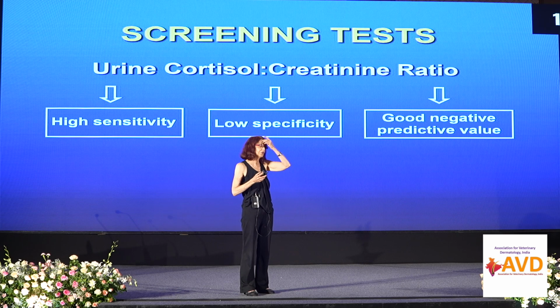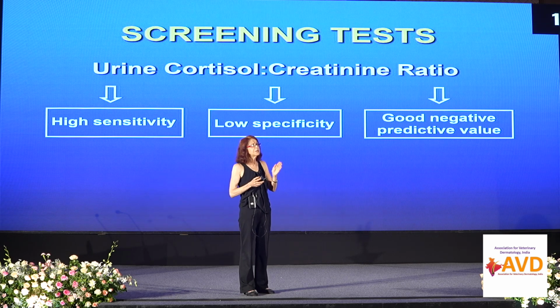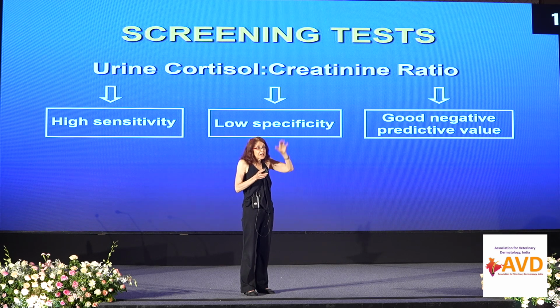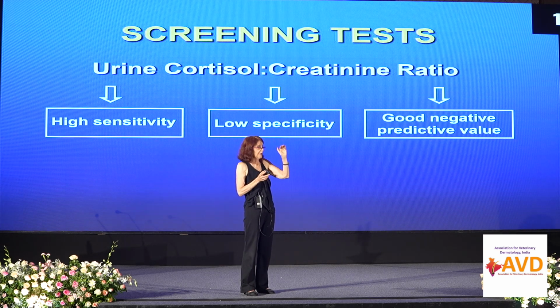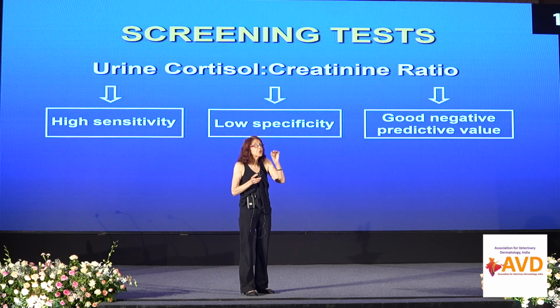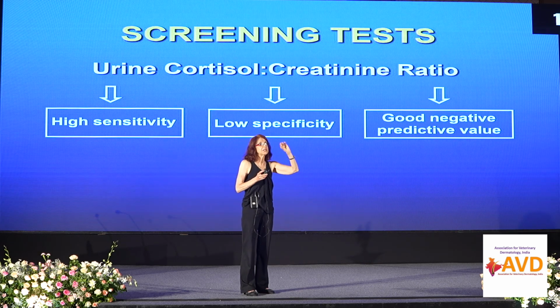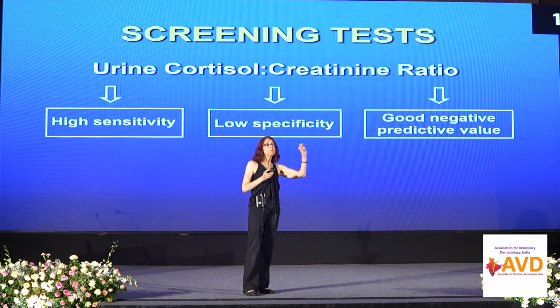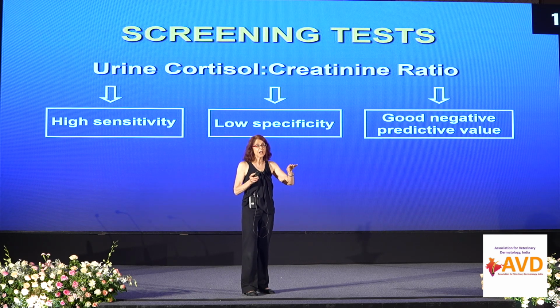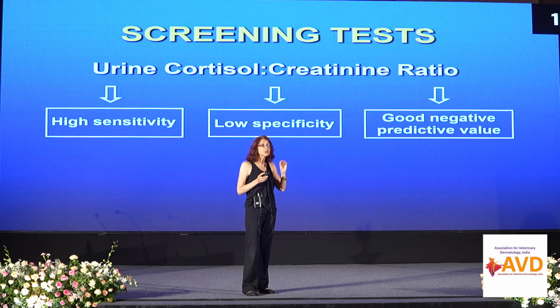So if you say, I want to see if this dog has Cushing's disease, but the index of suspicion is not high, then you can do this test because it has a very good negative predictive value. Meaning, if it's negative, the chance that your patient has Cushing's disease is very small, okay?